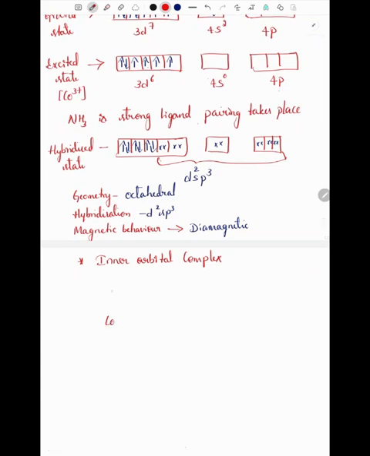Cobalt is the central atom and it is attached to 6 ligands forming an octahedral shape. Everywhere it is attached to the ammonia ligand, NH3. There are 6 ammonia ligands.